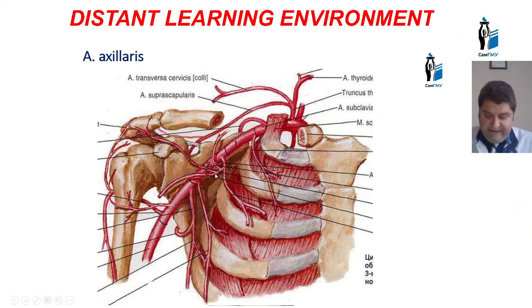You may see these branches: for deltoid muscle, you may see it here. It also has thoracic branches to the lateral side of thoracic cavity.